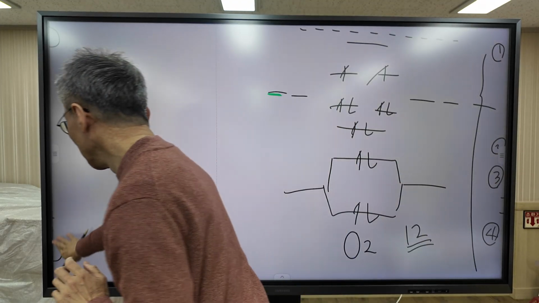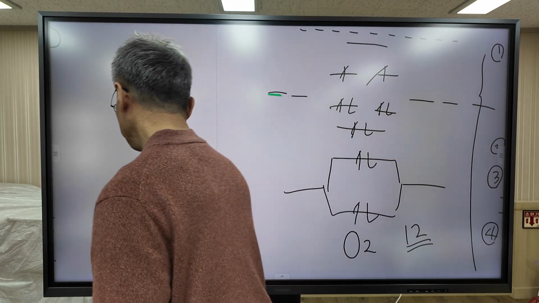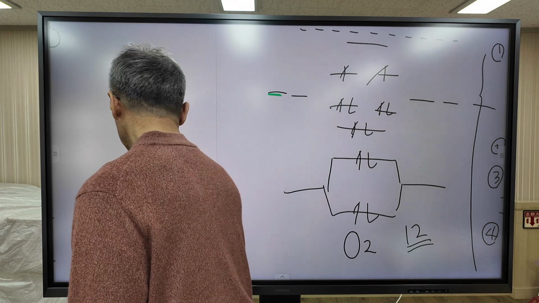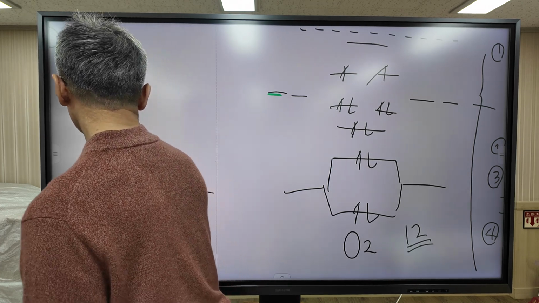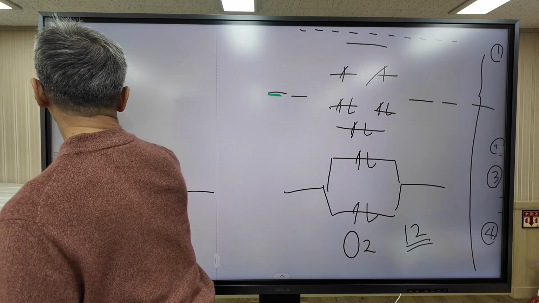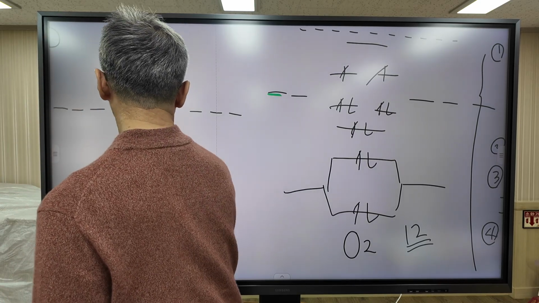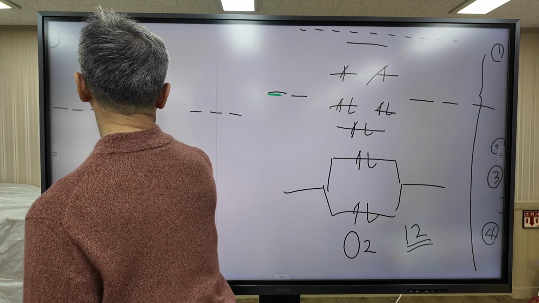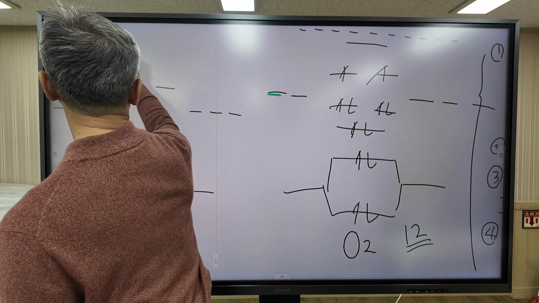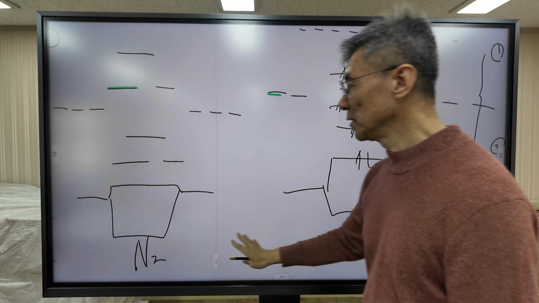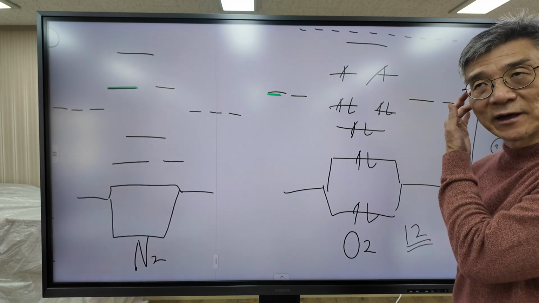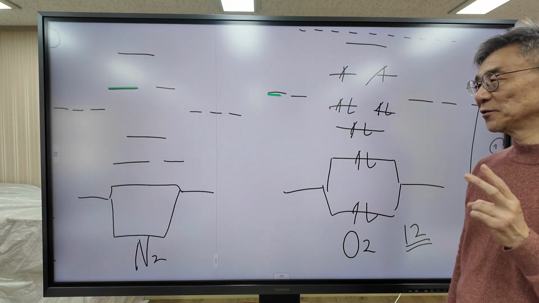For N2, two differences appear. This is the O2 energy level diagram. This is the N2 energy level diagram. Can you notice two differences?